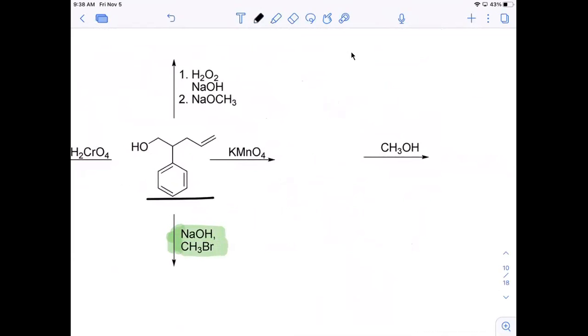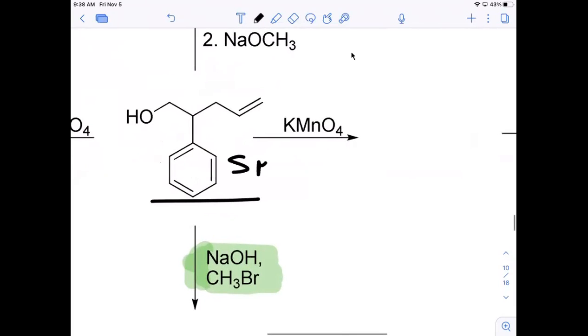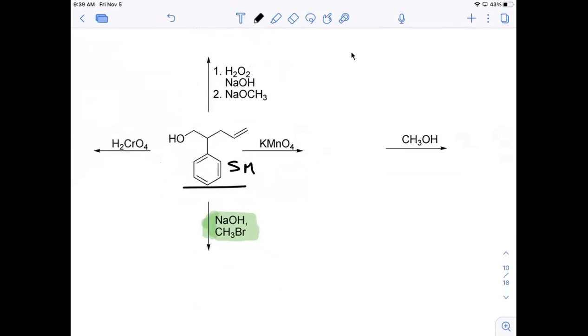And the question is, what type of reaction is that, where you take an alcohol and you react it with a base followed by an alkyl halide? What is that going to give us? This is my starting material. What type of reaction is that?